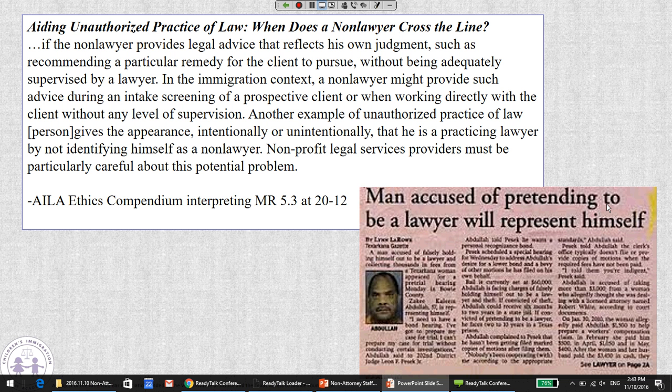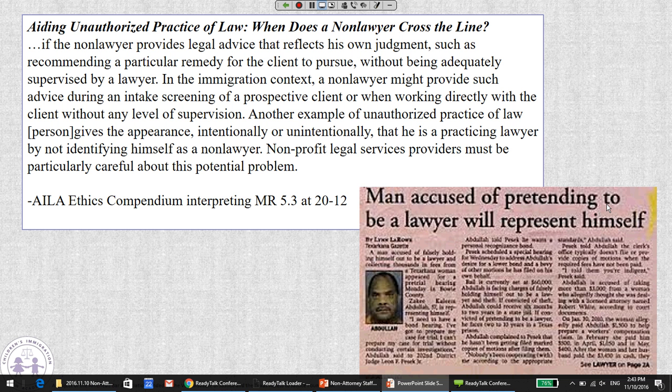So I hate reading words on the screen to you, but I'm going to do it because there's really no better way to put this than how it is here in the top left box. And when does a non-lawyer cross that line, right? If the non-lawyer provides legal advice that reflects his own judgment, such as recommending a particular remedy for the client to pursue without being adequately supervised by a lawyer.